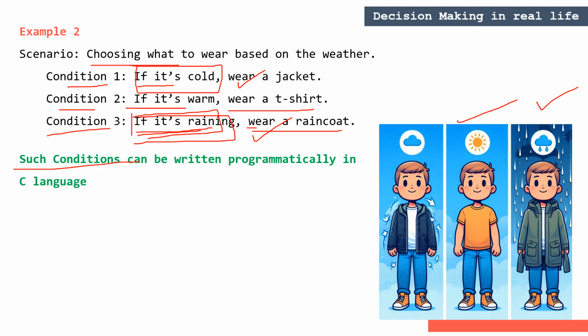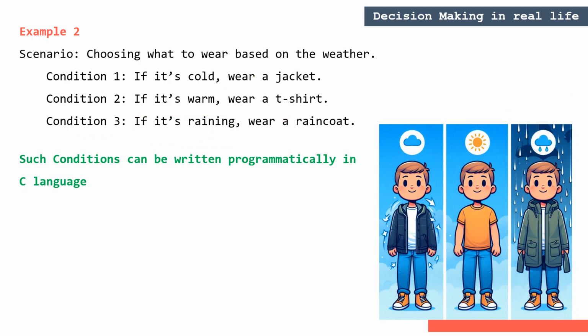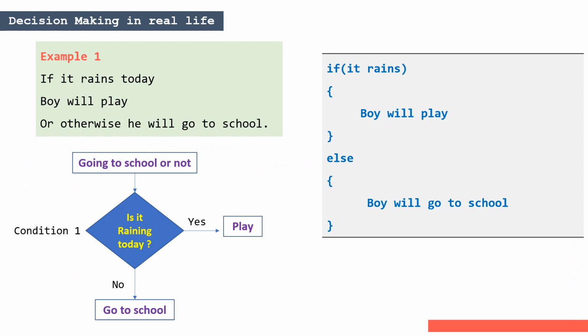So such conditions can be written programmatically in C language. So how to write this? I have transferred the first example as well as the second example in this case. Example 1 was, if it rains today, the boy will play, or otherwise he will go to school. Right? So I have written code like this: if statement, if it rains.